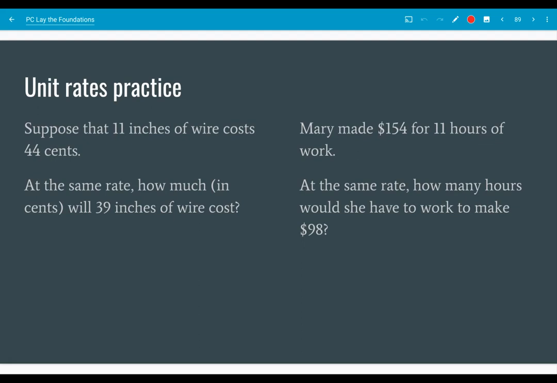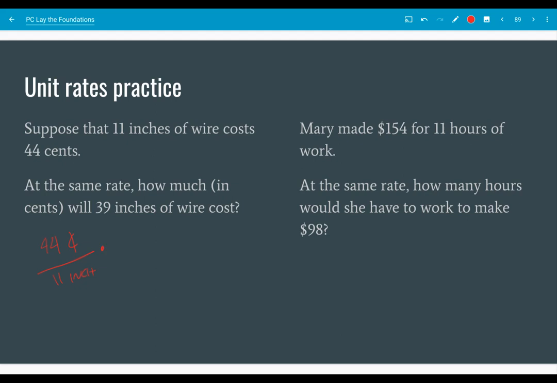Okay. So we've got 11 inches of wire cost 44 cents. Well, when we think about things that are charged dollar amount per something, right? So dollars per gallon, dollars per pound. So we probably want 44 cents per 11 inches. Okay, well, and we want to know, what does 39 inches cost?